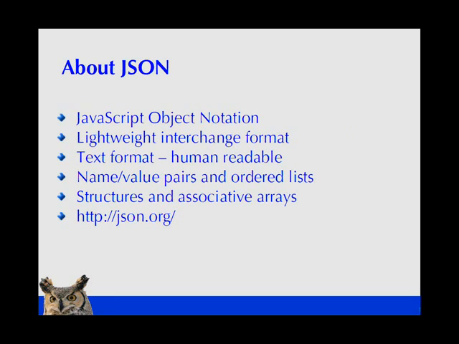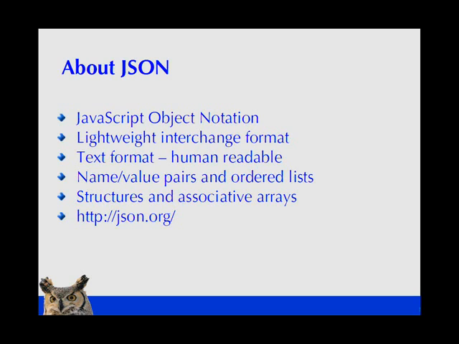So a bit about JSON files, if you haven't heard about JSON before. JSON stands for JavaScript Object Notation, and it is a way of storing information that could be in arrays or associative arrays in a human-readable form.